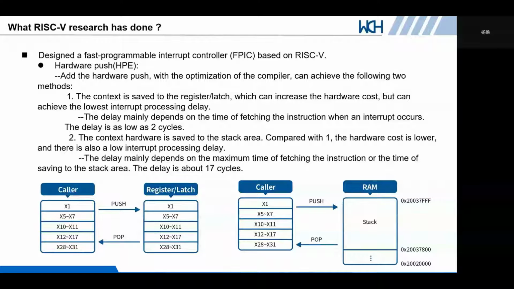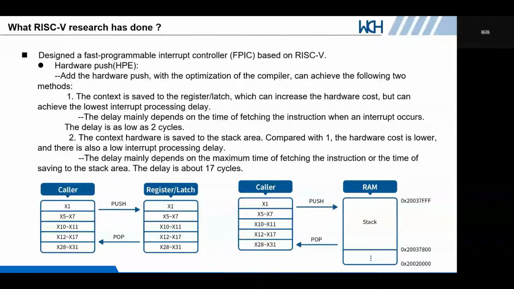Combined with the optimization of the compiler and toolchain, the following two context-saving methods are designed. One, the context is saved to the register or latch, which increases a certain hardware overhead, but can achieve the lowest response delay.